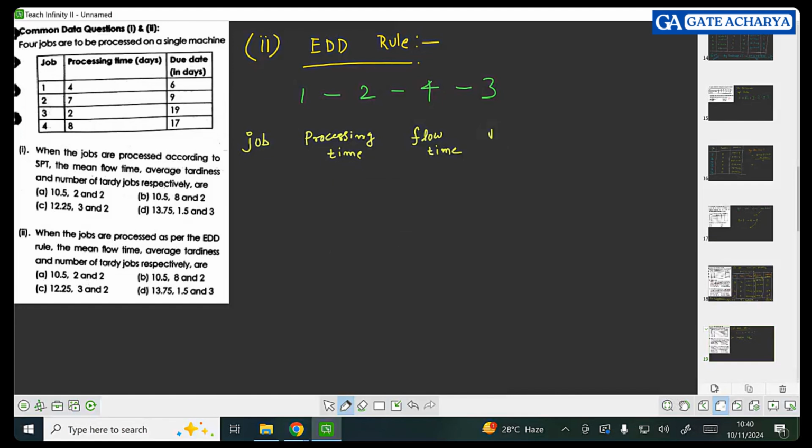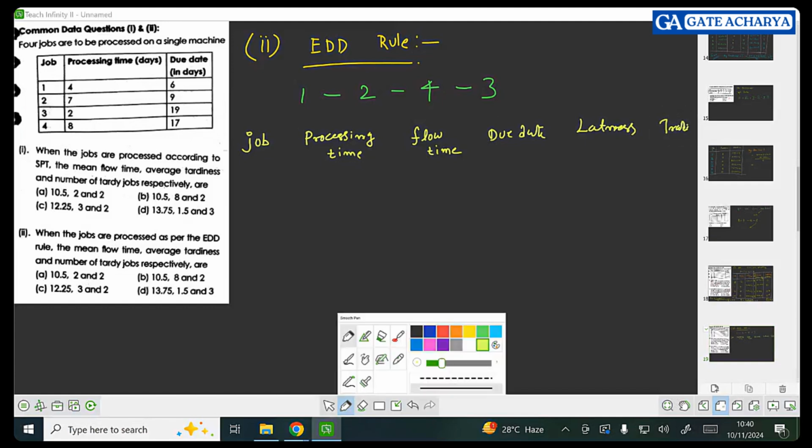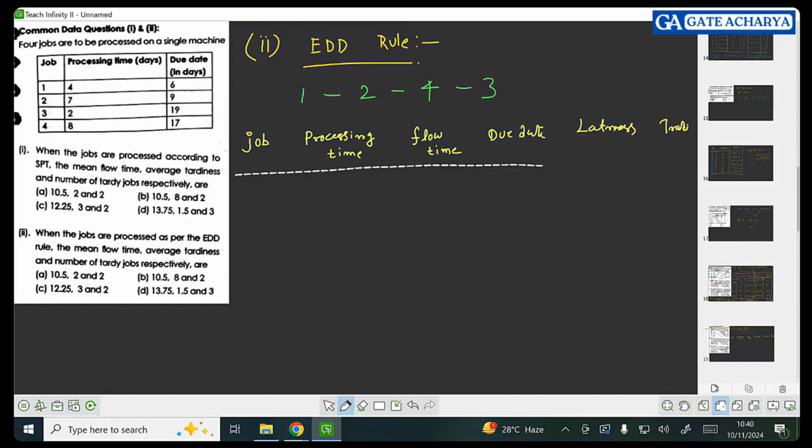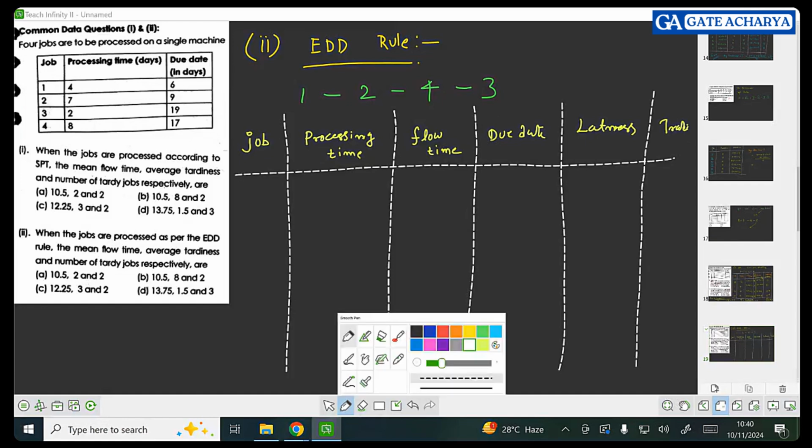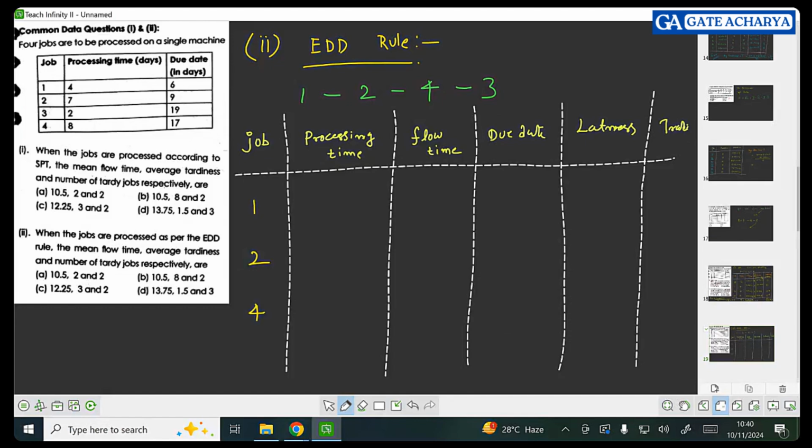Next is due date, lateness, and then tardiness. Next is tardiness. Now you form a table. All right. Right. Now here job 1, 2, 4, 3.